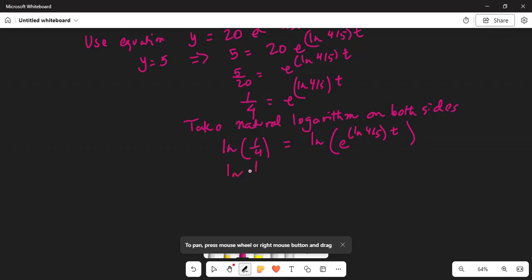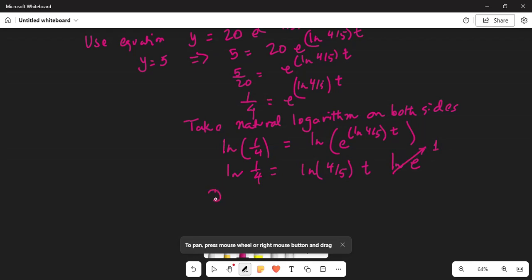So this is the coefficient: ln of 1/4 is ln 4/5 times t, and then ln of e. Or ln of e is 1. This is 1.